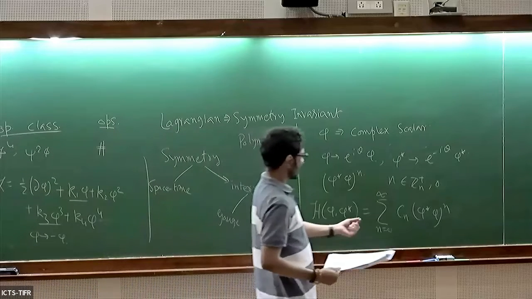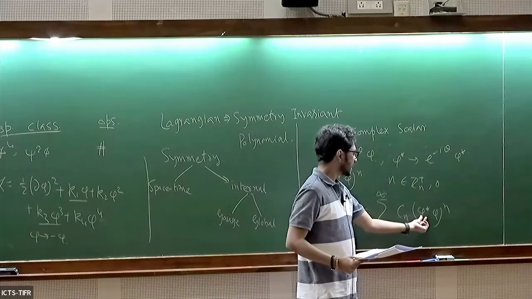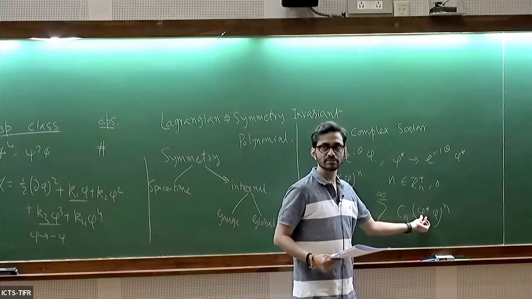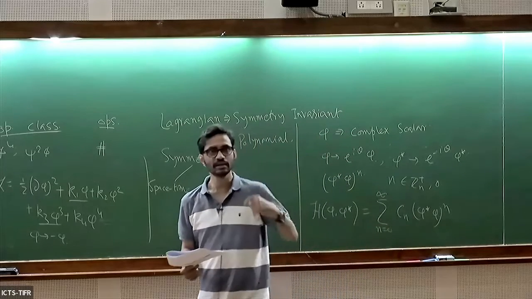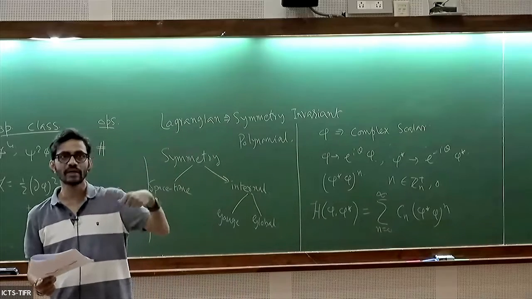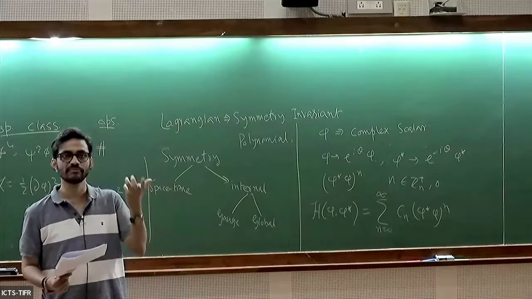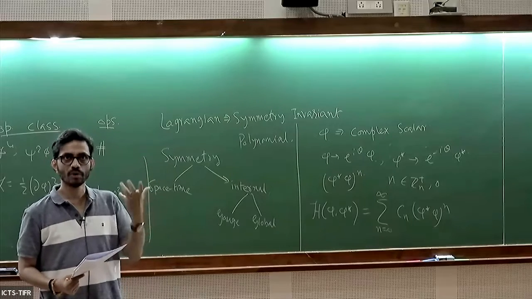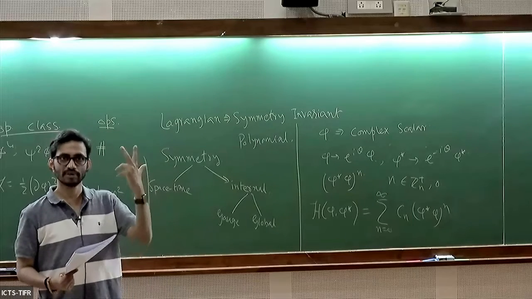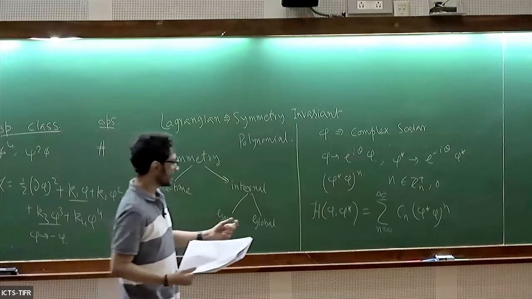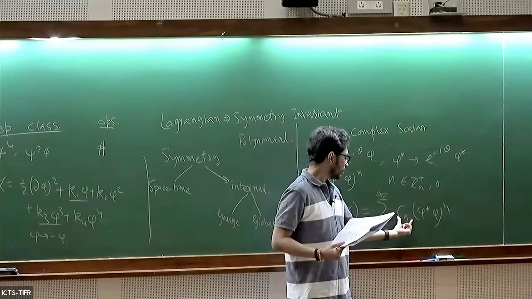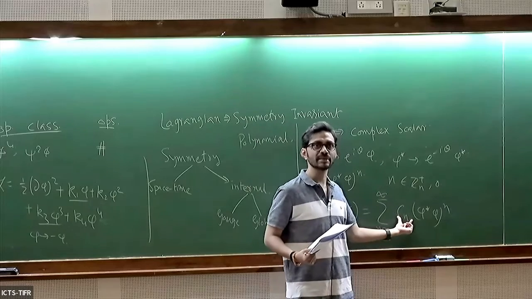Now if I assign this field some kind of mass dimension, then I can do some kind of power counting of these operators. If phi has mass dimension 1, what is the mass dimension of phi star phi? Mass dimension 2. So not all the Cn have the same mass dimension.